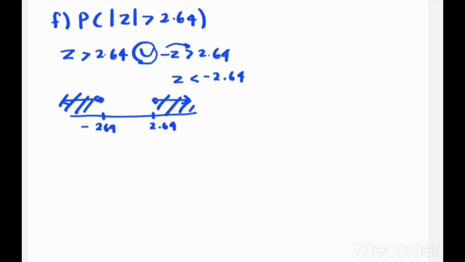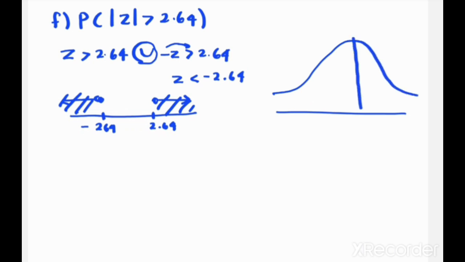So when we put it into the bell shape, it will look like this. We have 2.64 here, and negative 2.64 here, and the area that we need to find is this and here. Because these numbers are equal, with the only difference being one positive and one negative, this area is equal.